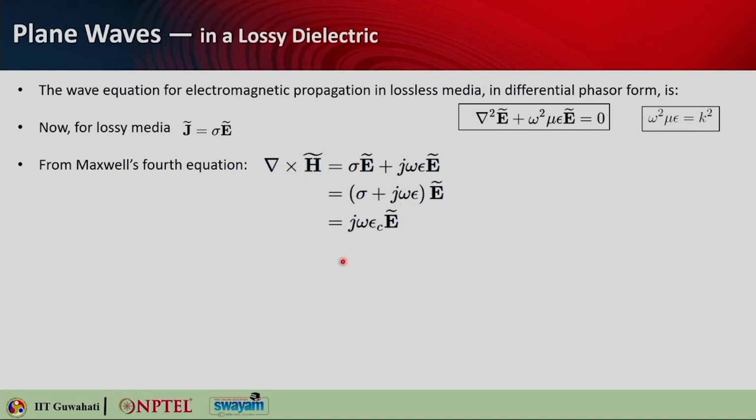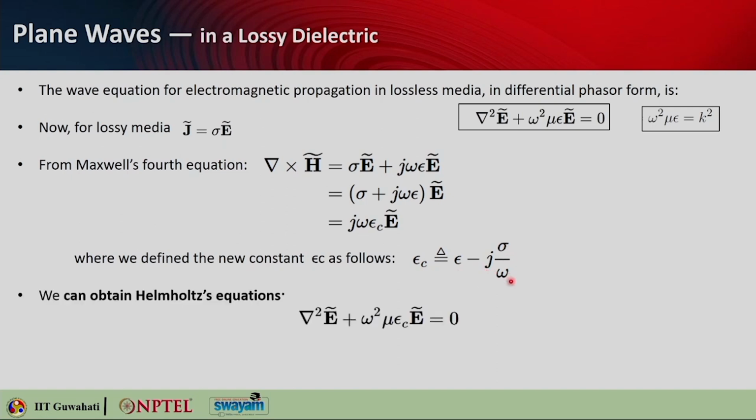In the lossless case sigma was 0, but here you have a finite, non-zero value. Let us denote this term as a complex permittivity, epsilon C, so it is nothing but j omega epsilon C E. So this new constant epsilon C can be written as epsilon minus j sigma over omega.